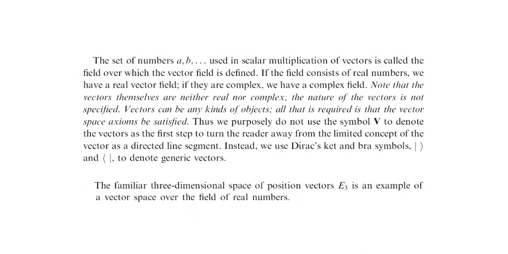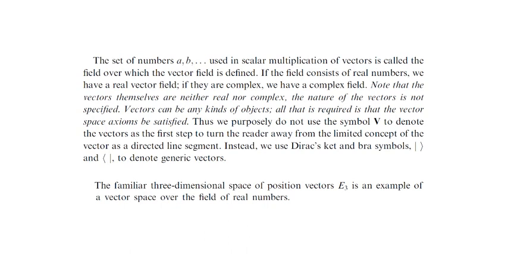The set of numbers a, b, etc., which are used in scalar multiplication of vectors, are called the scalar field over which the vector space is defined. Now, if the field consists of real numbers, then we have a real vector space, and if they are complex, we have a complex vector space.